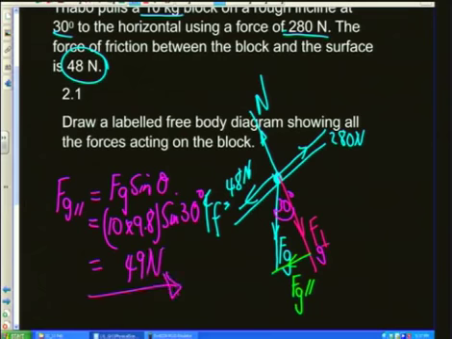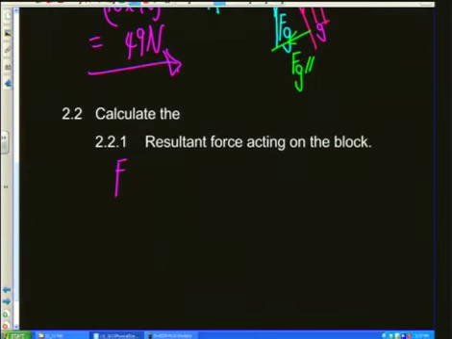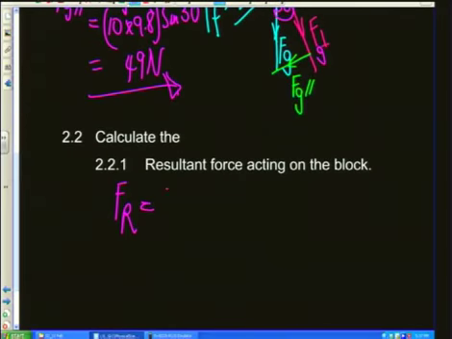Now this component is also acting in that direction, so they are in the same direction as the frictional force. Now the resultant force here should then be equal to the applied force, which is 280 newtons, minus the frictional force and minus the Fg parallel.